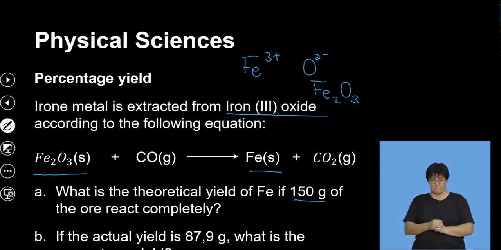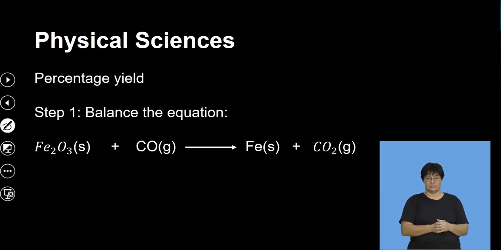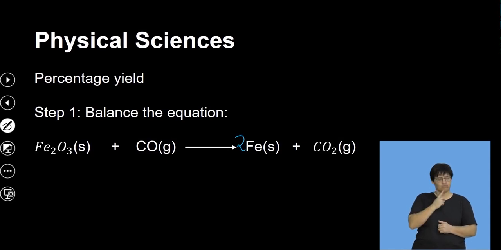But before we do that, first of all, we need to actually balance the equation, right? So in balancing the equation, that's the first step, okay? How many atoms of iron do we have on the left? It's 2, okay? So for us to balance, if we put a 2 there, it looks okay for iron for now.